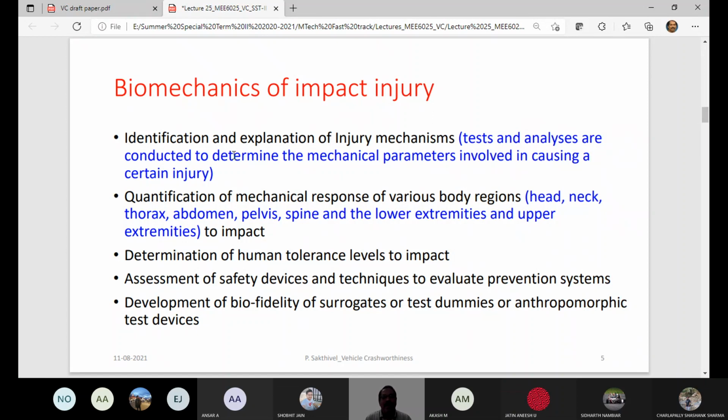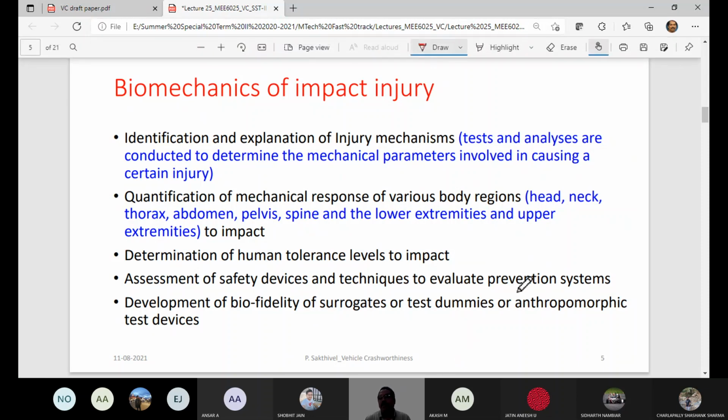If these three are very clear, that assists the fourth objective of biomechanics, which is assessment of safety devices and techniques to evaluate prevention systems. There are many prevention systems. When you say prevention system, what should come to your mind? It should come to your mind as active safety systems that are preventing it.